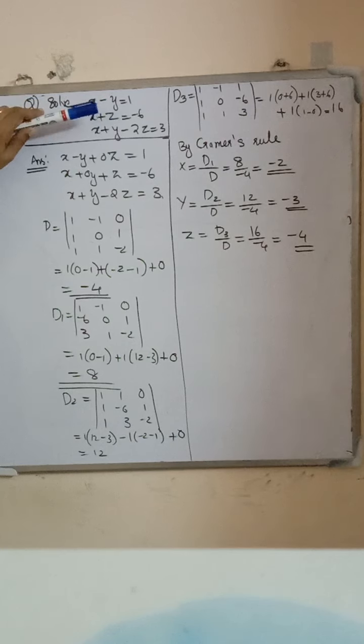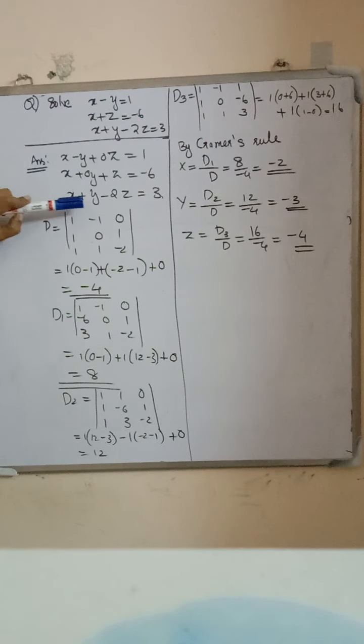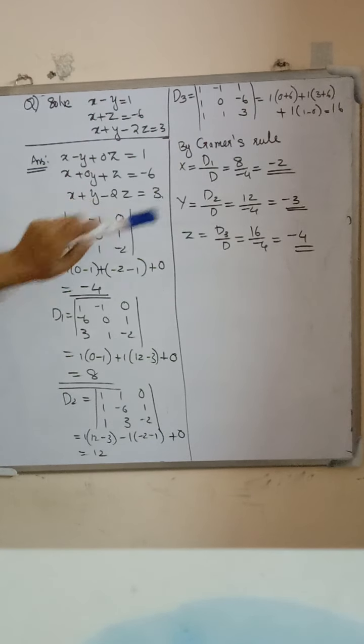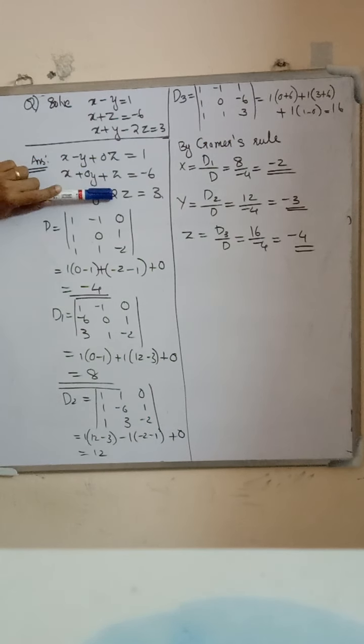Here y is missing in the second equation, so it has coefficient 0: x plus 0y plus z is equal to minus 6, and x plus y minus 2z is equal to 3. So the determinant of the coefficient matrix D has first column 1, 1, 1, second column minus 1, 0, 1, third column 0, 1, minus 2.